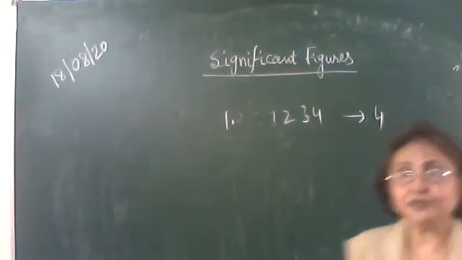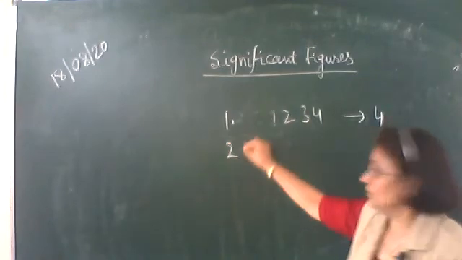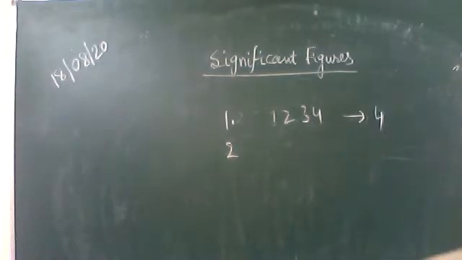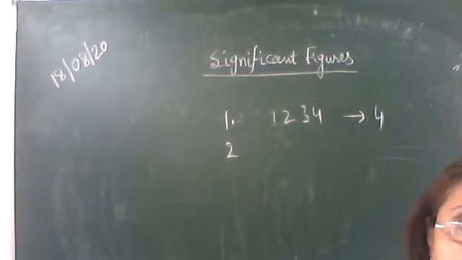Now the second rule states that, first I am reading from the book. All the zeros between two non-zero digits are significant, no matter whether there is a decimal point or not.